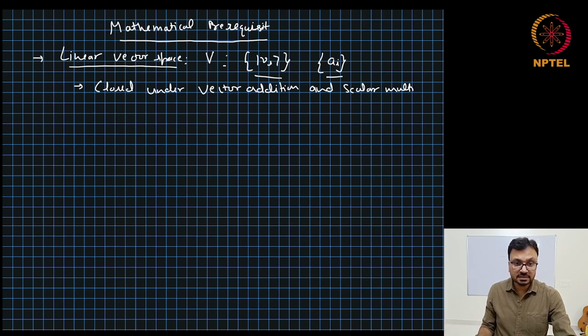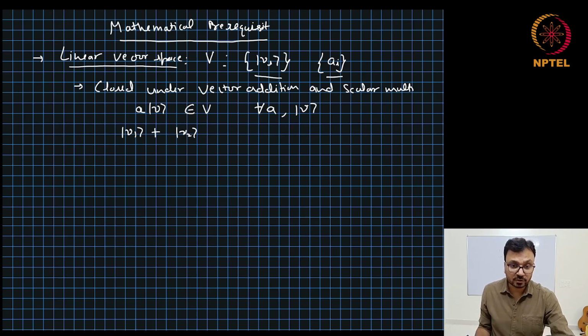What we mean by that is if we have a vector V and we multiply it with a scalar a, then it is also a vector from the same vector space, the same set. The set V should contain, if it contains V, then it should also contain aV for every a and for every V. Not just that, if we have two vectors V1 and V2, then their sum, where sum is some abstract operation we have defined over this vector space, should also be from the same set.